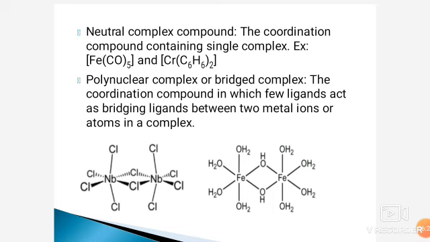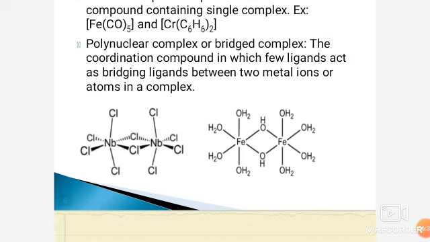These are the two examples. If two central metal atoms are linked by bridging ligands, resulting in the formation of a complex compound, those are polynuclear complex compounds or bridged complex compounds. The examples are the molybdenum complex and the iron complex.